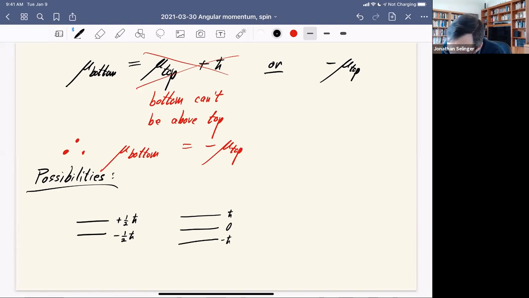Or we could have a ladder with 4 steps: 1/2 h bar, 3/2 h bar, negative 1/2 h bar, negative 3/2 h bar.